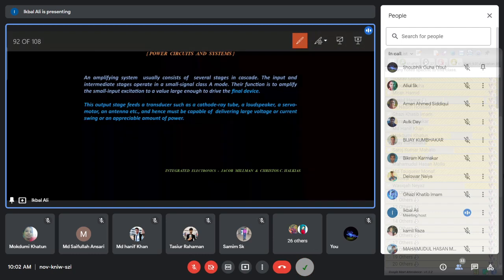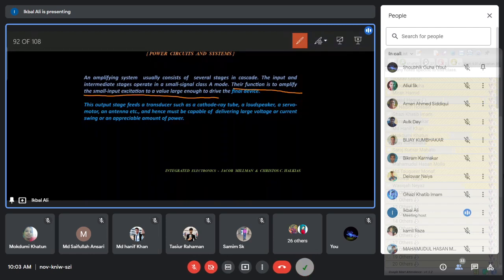Those amplifiers are called the small signal low frequency amplifiers. Their function is to amplify the small input excitation to a value large enough to drive the final device.